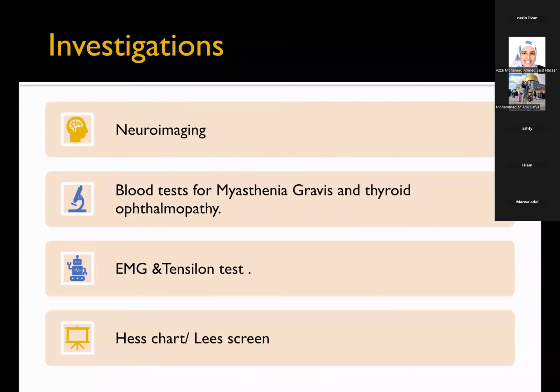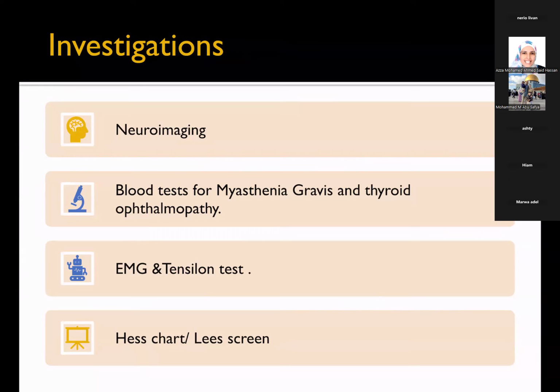Passing through the examination, which includes the systemic and ocular examination, we are heading to the investigations now. What do we need to define the cause of diplopia, the possible etiology of diplopia? We might need neuroimaging. We might need to do some blood tests for thyroid function or for myasthenia gravis antibodies. We might do EMG or Tensilon tests in advanced cases.